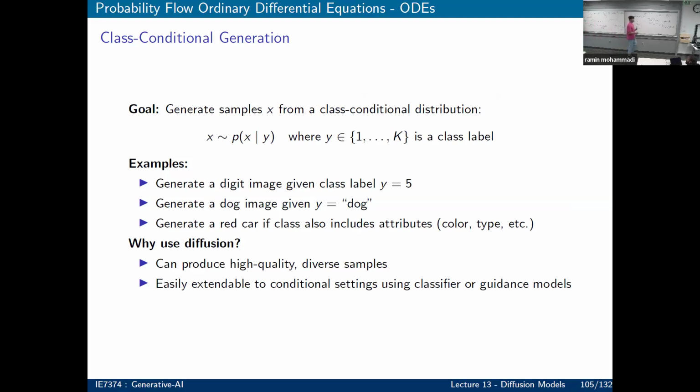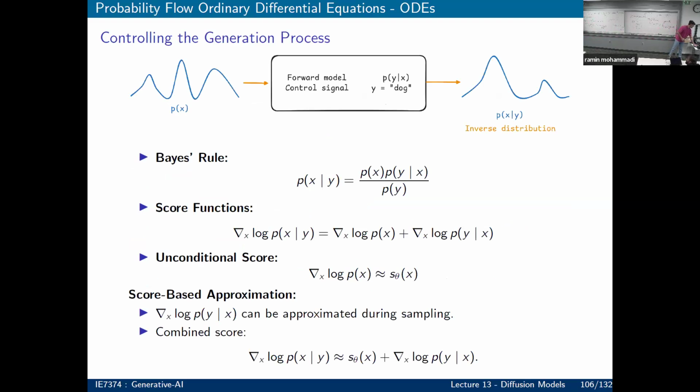All you need to do is use the concept of Bayes, and the score function previously, without this concept of inversion and conditioning, only had this term. Now you add the other term to it, and you use that. Simply by doing that, you can train a diffusion model to generate images with respect to the class that you are interested in. Every time you sample, if you tell me, give me a cat, it will generate a cat. It's not random.